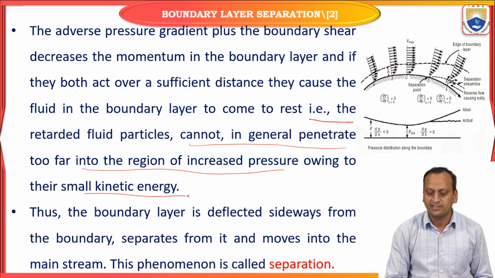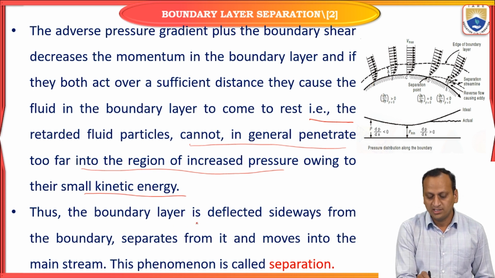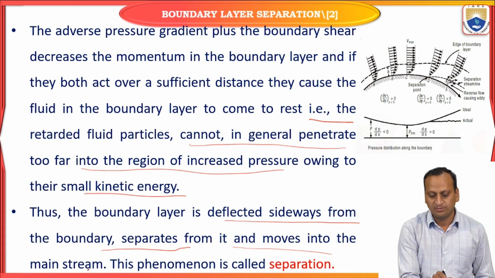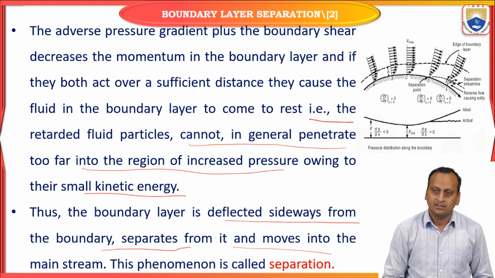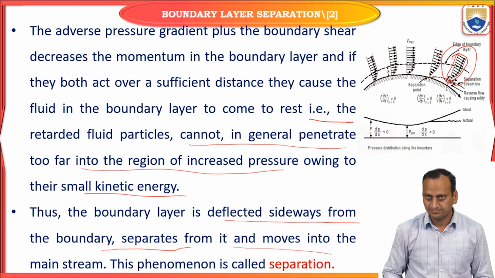Thus the boundary layer is deflected sideways from the boundary, separates from it and moves into the mainstream. This phenomenon is called separation, or boundary layer separation. At D, it will be deflected and mix with the mainstream.